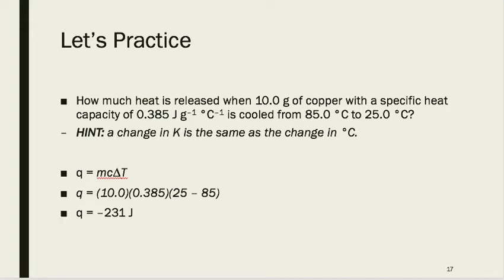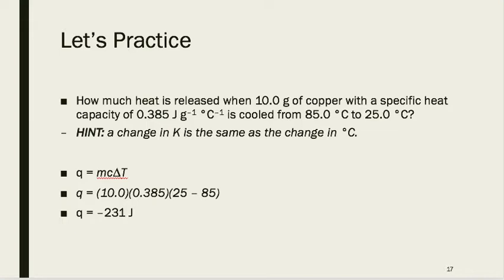So we write down what information we have. Well, we know the mass of our metal copper, which is 10 grams. We know the specific heat capacity, so we know C. And we can calculate our delta T by remembering final minus initial.